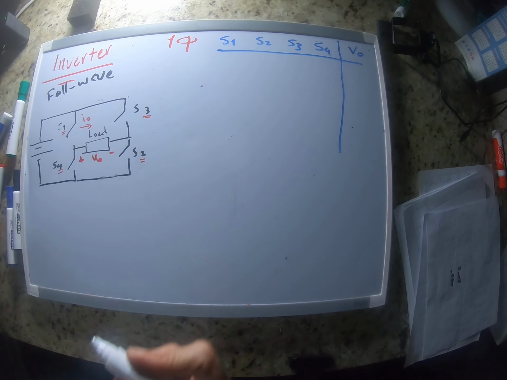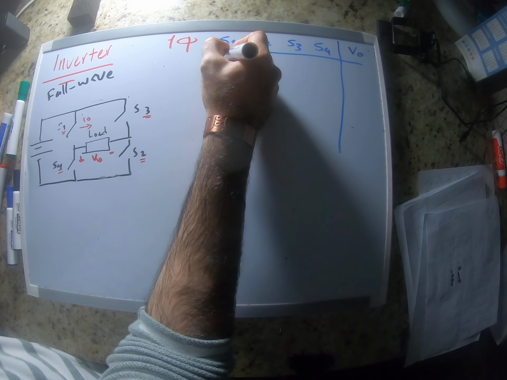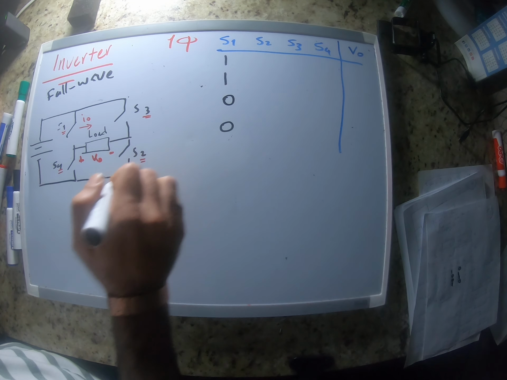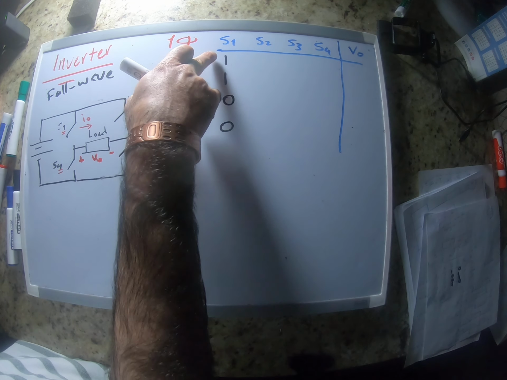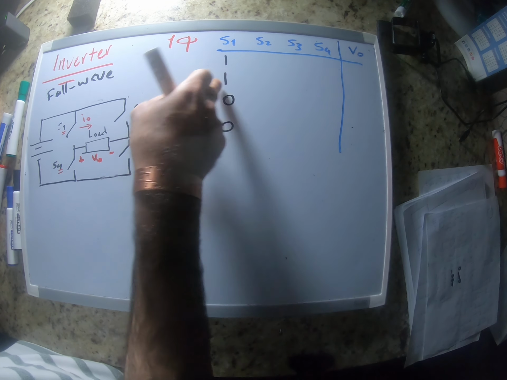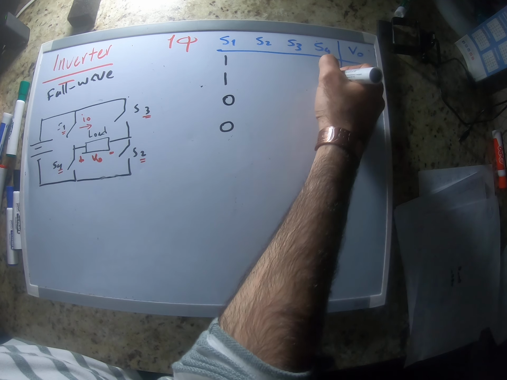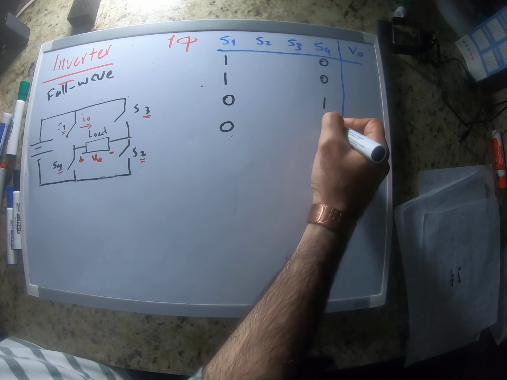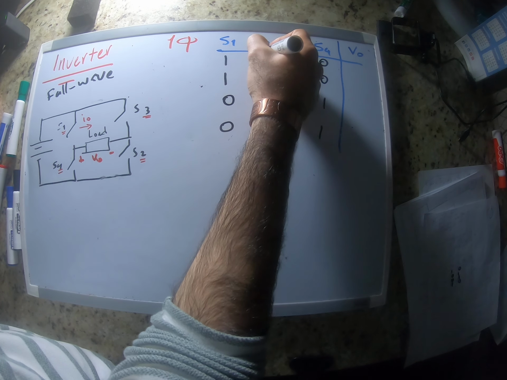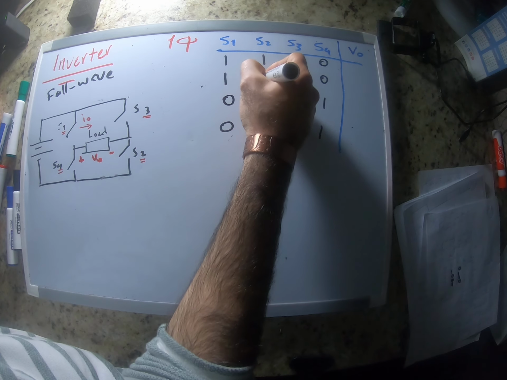So let's just choose our table like this, 1 1 0 0. If S1 is on, then S4 has to be off. Okay? And let's just choose this one 1 0.